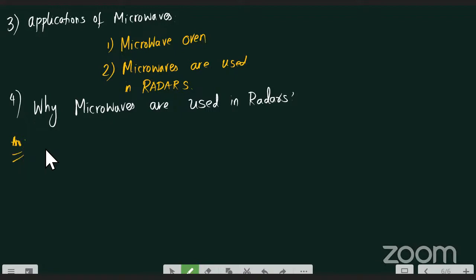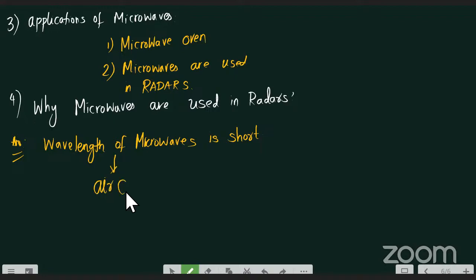We are using this because the wavelength of microwaves is short, due to which we will be using this in aircraft navigation. I hope you are getting these answers. Let us move on to the next question.